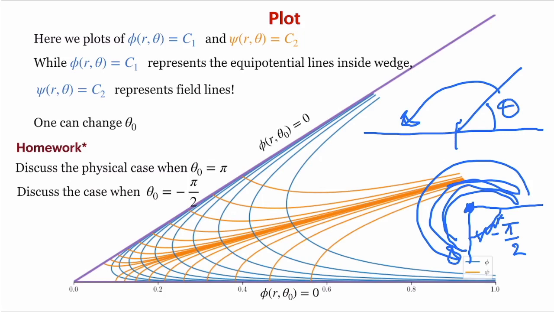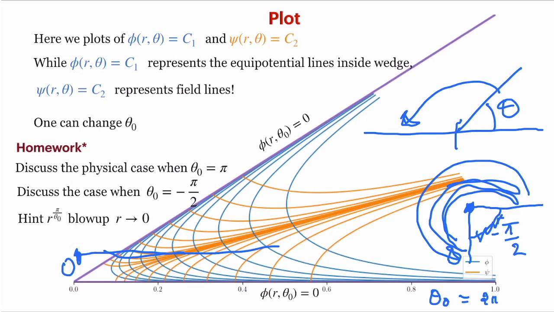The most interesting case would come when theta naught is equal to 2 pi. What happens when r goes to 0? The most interesting case comes when theta naught is equal to 2 pi. That means a plate which goes halfway, with the origin here, and kept in one direction.